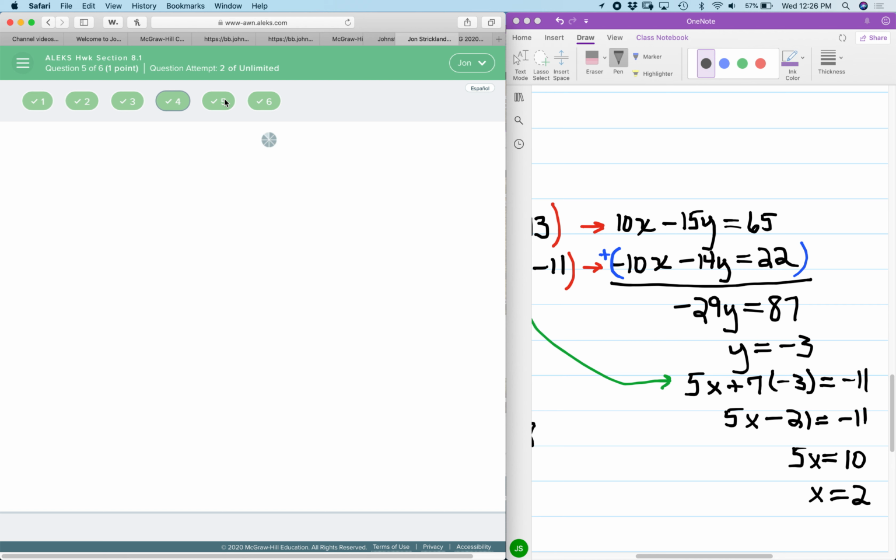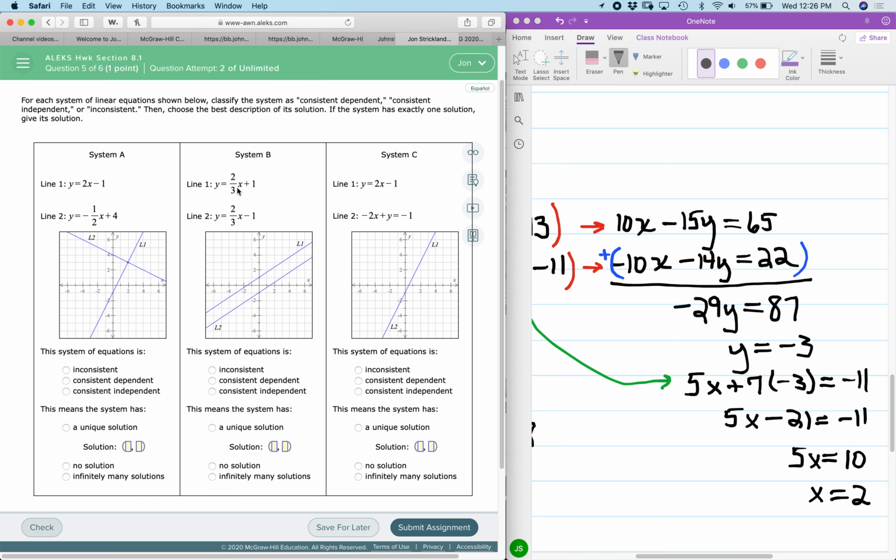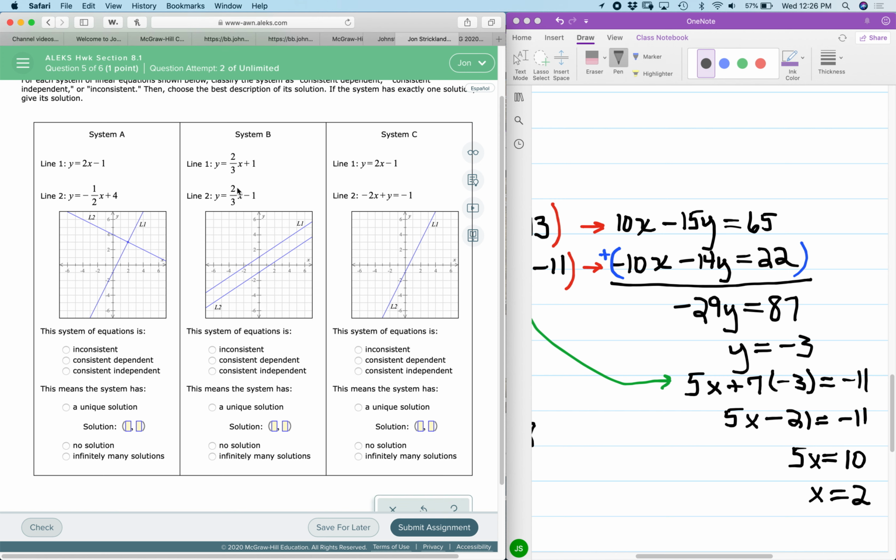In the case of number 5, we're looking at classifying the systems, identifying them as inconsistent, consistent dependent, or consistent independent. Now for the first system, we have these two lines, and they intersect at one point.